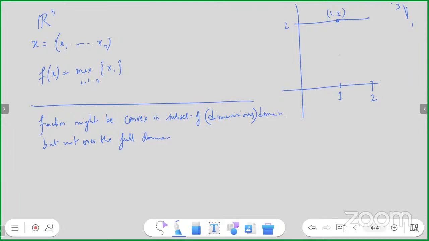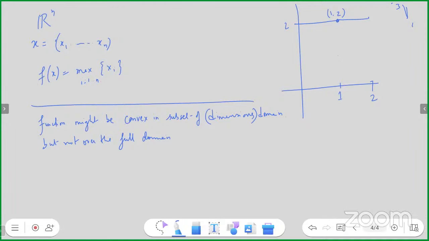Can you give an example where a function is convex in certain coordinates, but not in all coordinates simultaneously? So take R2, simple as that.